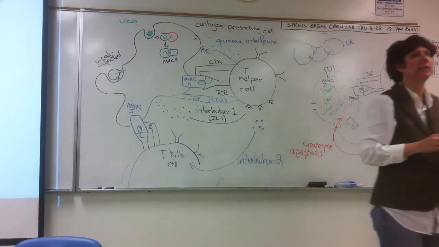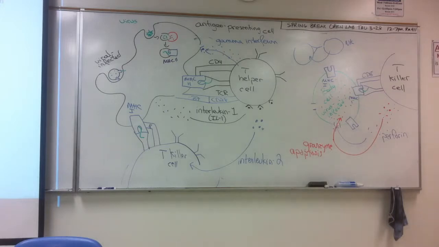Yes, ma'am? How does the T helper cell get receptors that match an antigen it's never seen? For the T helper cell, that happens in the thymus, through random gene mutation. And somehow there are millions of different combinations.